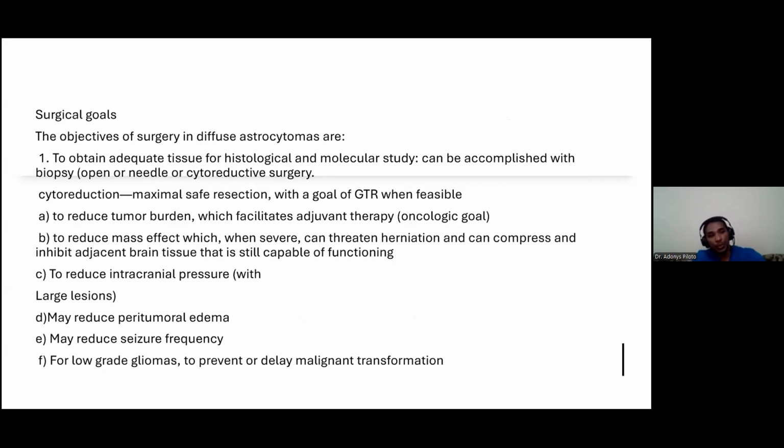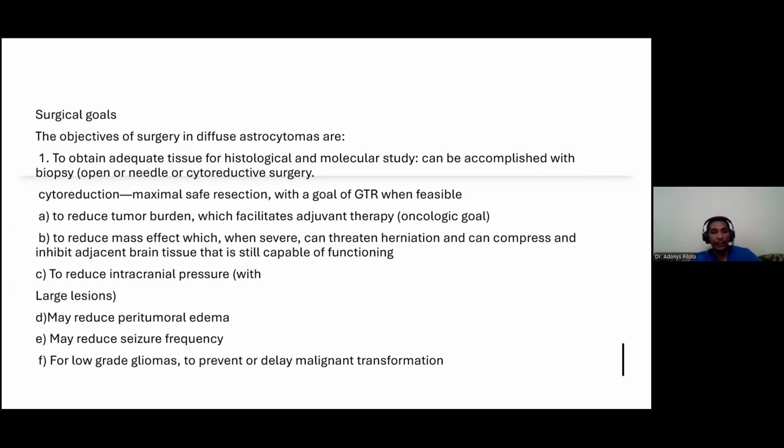The goals of the surgery include obtaining adequate tissue for histological and molecular study, which can be accomplished with biopsy, open or needle, or cytoreduction surgery. Cytoreduction is maximum safe resection with a goal of gross total resection when feasible to reduce tumor burden, which facilitates adjuvant therapy.